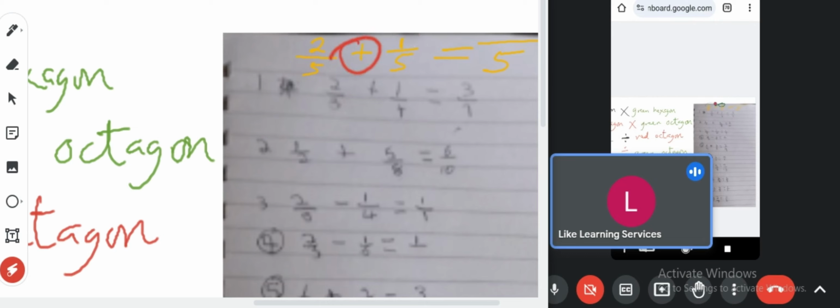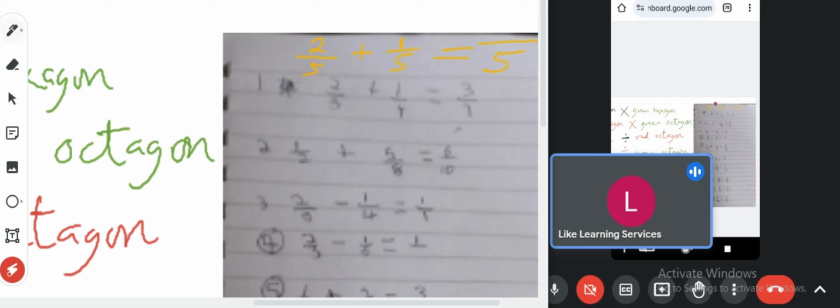I mean, use the operator for the numerators. In other words, if you have plus, you simply add up the numerators. If you have minus, you subtract the numerators. Like here you have plus, you are going to add up the numerators, isn't it?